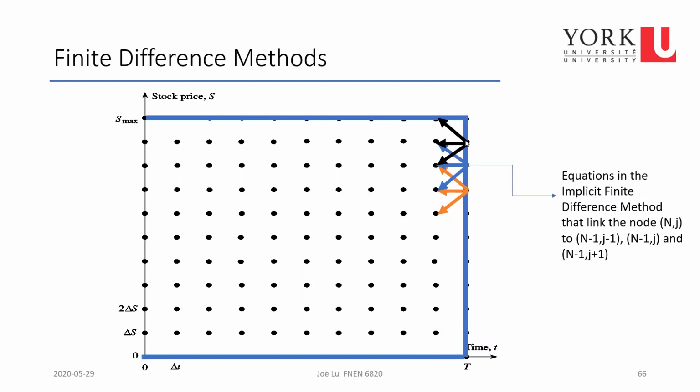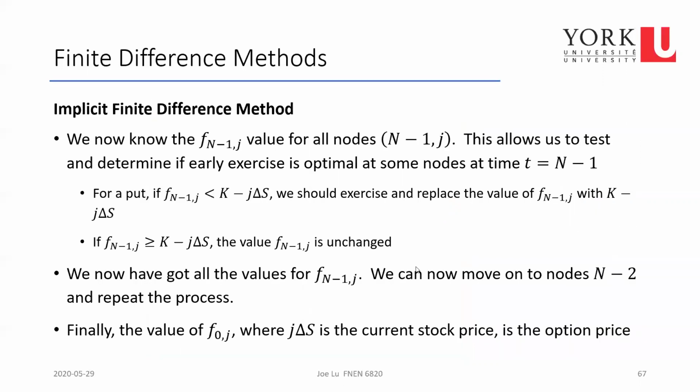Now for European, you don't do this. You just take the solution from the set of simultaneous equations. You will get these m minus 1 f's, and you just move backward in the same fashion. But if you have an American option, you can compare the immediate exercise versus the value you calculated from the equations, put in the bigger one, and then move one step backward again and repeat the same process.